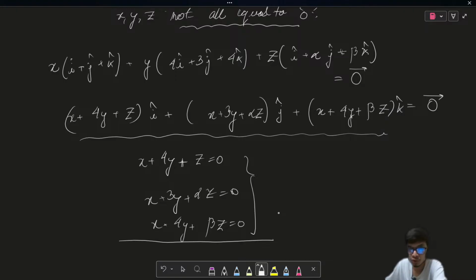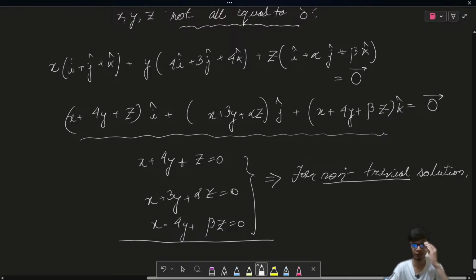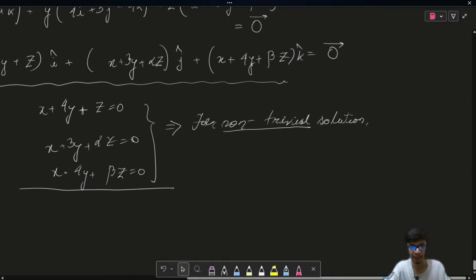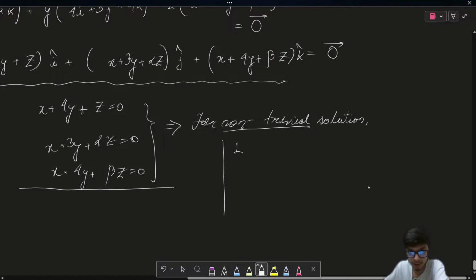So for a non-trivial solution, the determinant of the coefficient matrix, 1 4 1, 1 3 alpha, 1 4 beta, should be equal to 0.